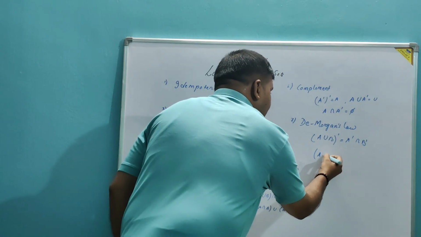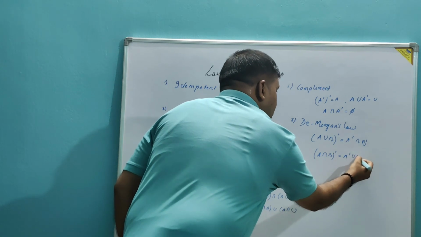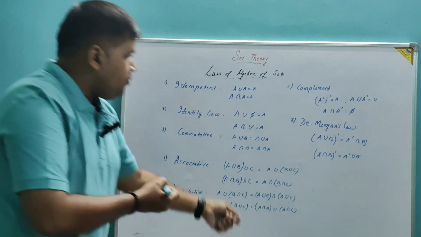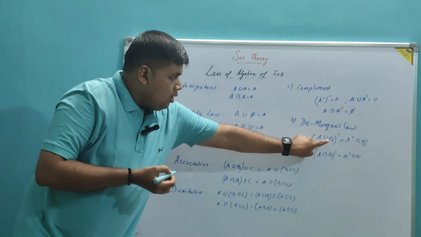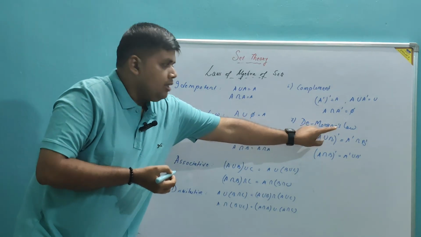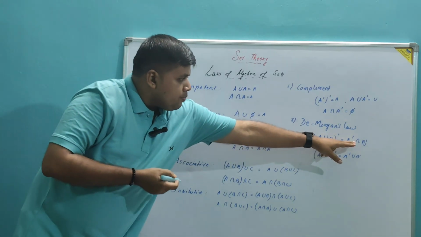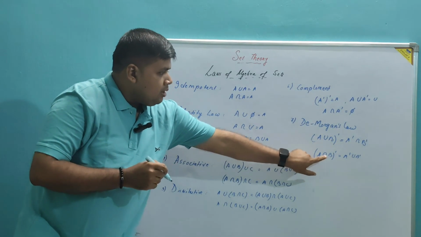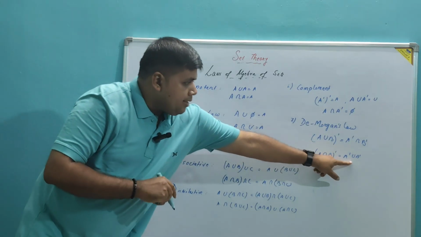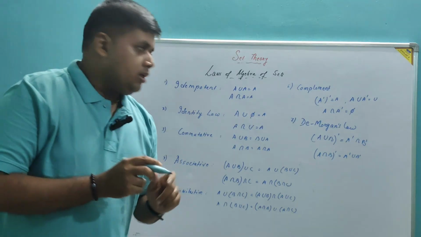Another variation, (A intersection B) whole complement is equal to A complement union B complement. You observe that on the left hand side it is union, on the right hand side it is intersection. For the other case, on the left hand side it is intersection, on the right hand side it is union. So that is called De Morgan's law.